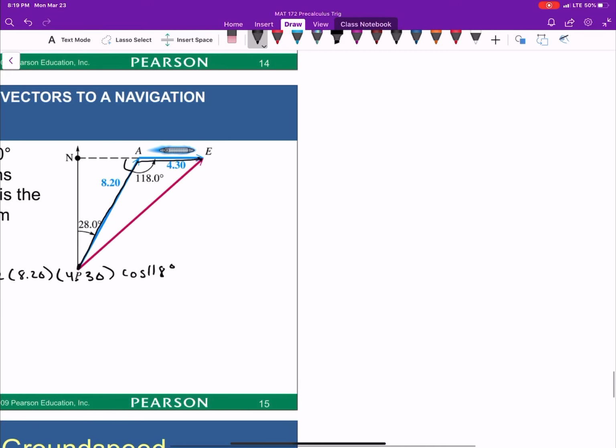So let's move over here. So we have the sine of APE over 4.30 is equal to sine of 118 degrees all over 10.9.